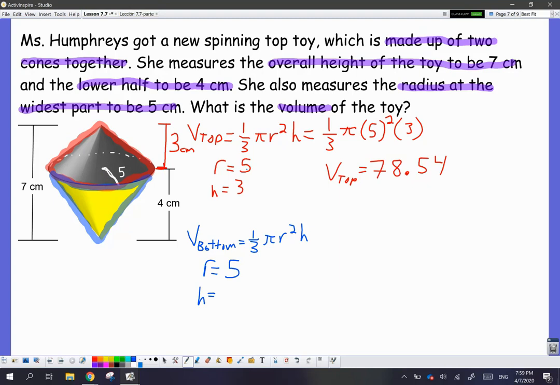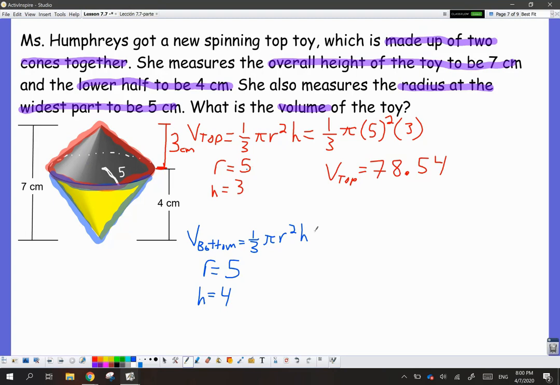Now the height, on the other hand, the height of the bottom cone is 4 centimeters, not 3 centimeters. The height of the bottom is 4, and I can verify that from my diagram. So we always have to be careful and verify that we can find these dimensions in the picture, and if they end up being the same, then we know why they're the same. Not just because this is 5, but because they have the same base.